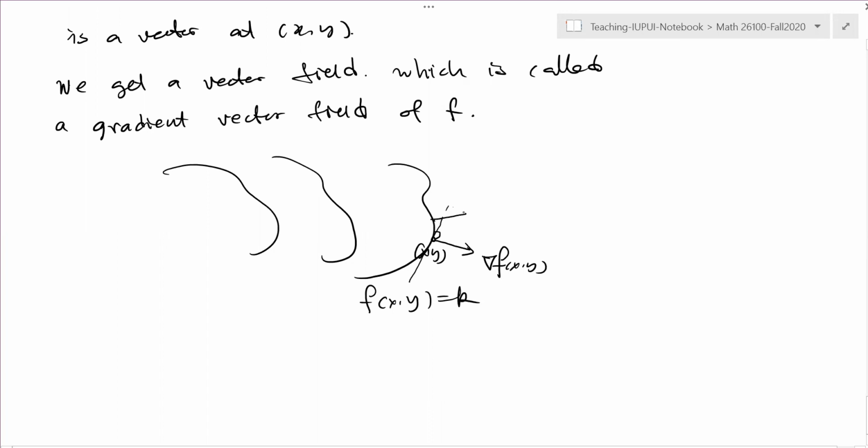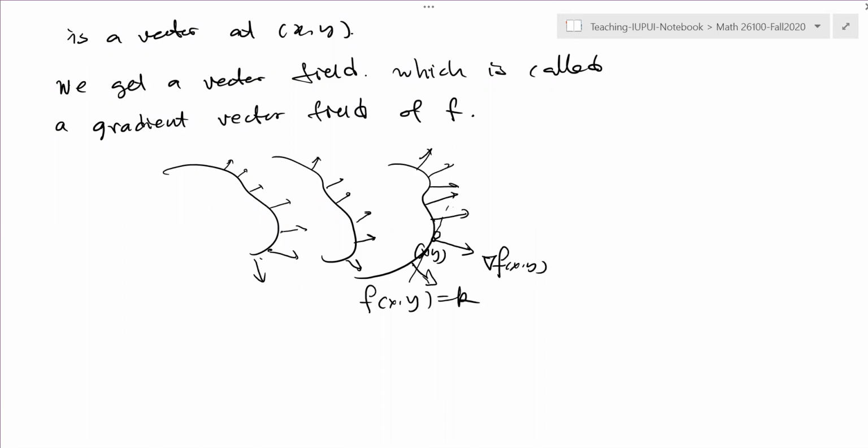If you know how to draw the level curves, then you can draw the gradient vector field of f. All you have to do is make sure those vectors are perpendicular to the curve. I don't know the length, but at least I can tell they're perpendicular to the level curves.